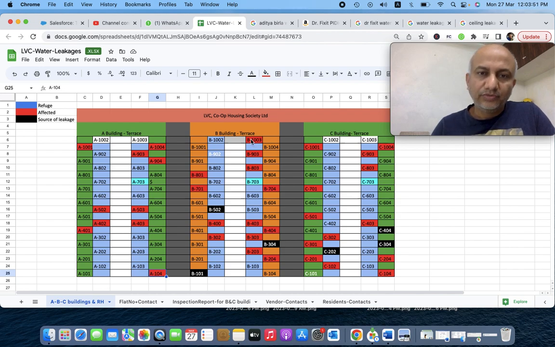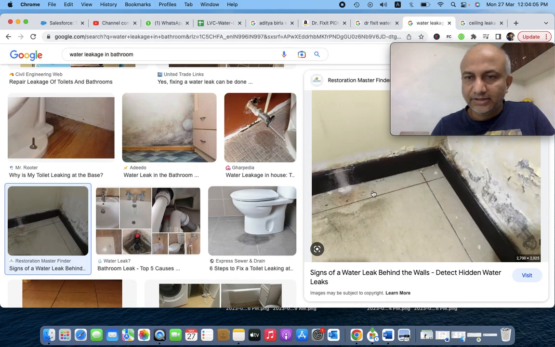You have to go and do an inspection and see where all it is leaking. So if it is leaking only at the bottom, on the floor, for example, like this, if it is only leaking at the floor just above the skirting, that means the leakage is within that house.